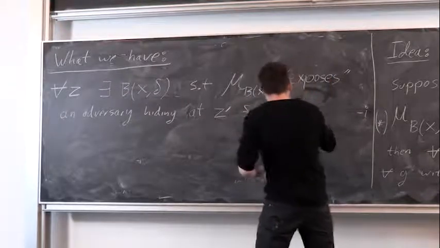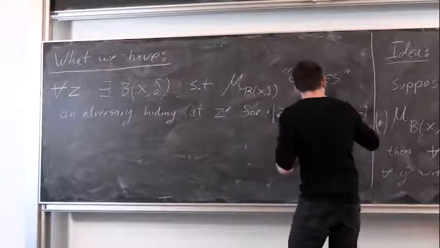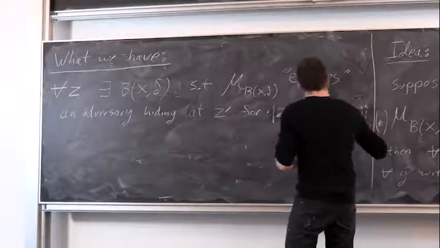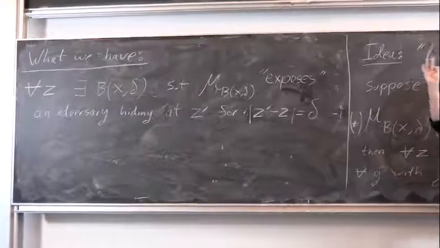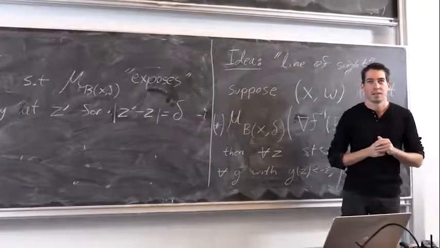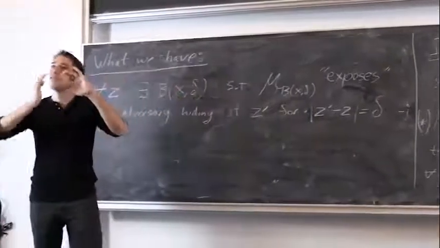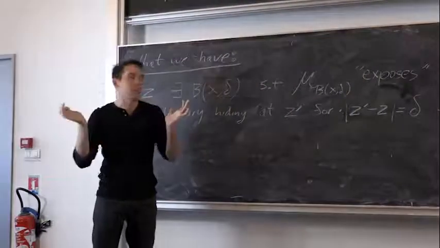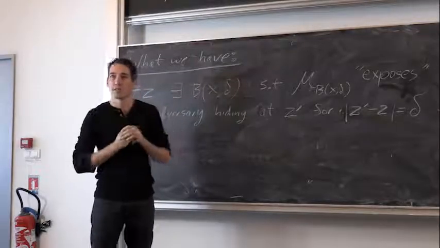So let's just agree that every time I write delta, this is 1 over poly n. Okay? So I can't expose every point using some ball, but I can expose a point close to every point.